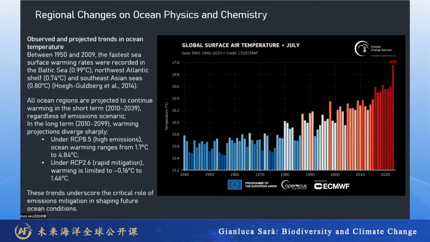For example, in these last 5-6 years, we had this sharp increase with a spike in 2023. But it's not over, because 2024 was also higher than 2023, and 2025 is expected to be higher than 2023 and 2024.